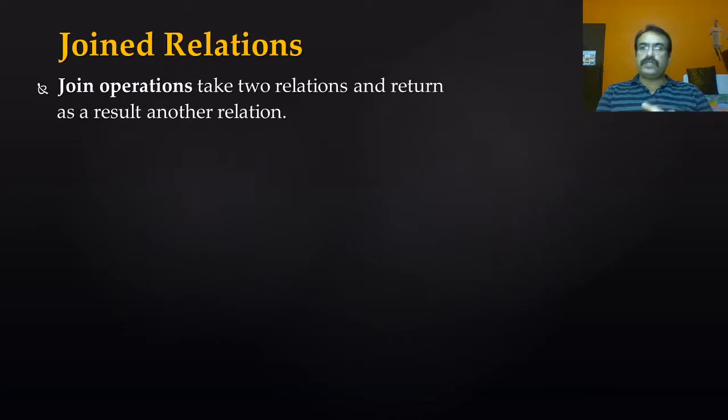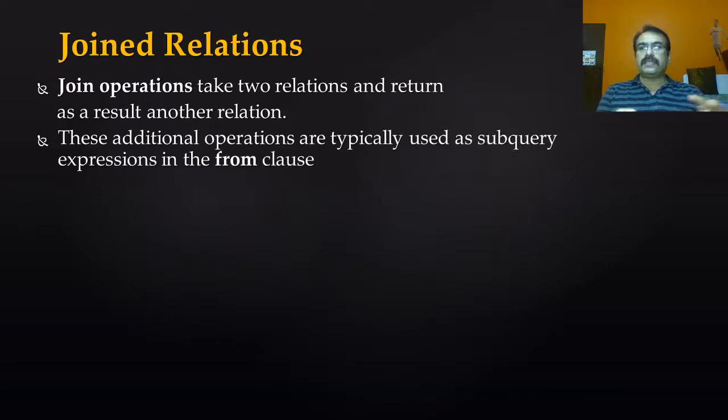In short, these additional operations are typically used as a subquery expression in the from clause. The way we use from R1, R2, these joined relations are also used there.